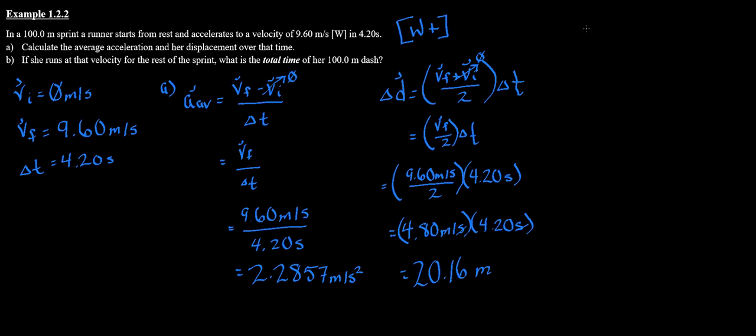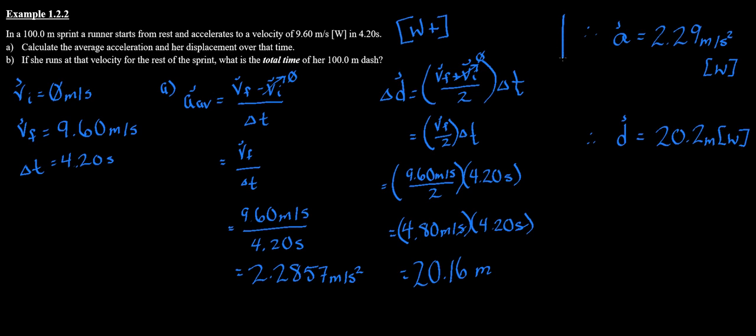So for part A, our final answers are: the acceleration of the object, if we go to our significant figures, is 2.29 meters per second squared in the west direction, and our displacement over that time is 20.2 meters in the west direction. Okay, and those are your final answers for part A.